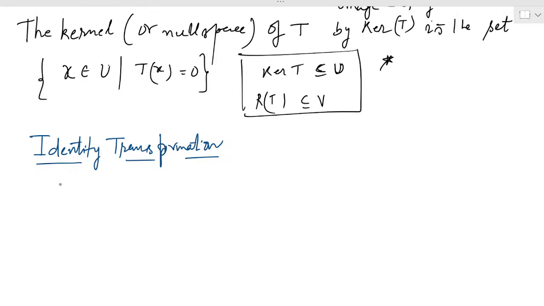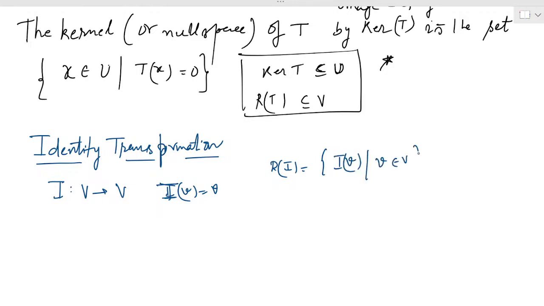Let us define an identity transformation from V to V such that I of v is simply equal to v. We want to find the range of I. Range of I will be I of v for all v belonging to V, which is equal to v for all v belonging to V. So we can say that the range of I would be the complete V only.